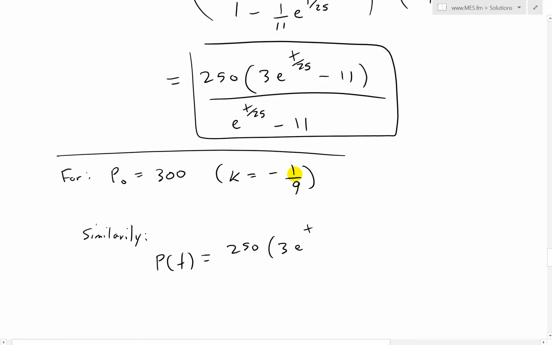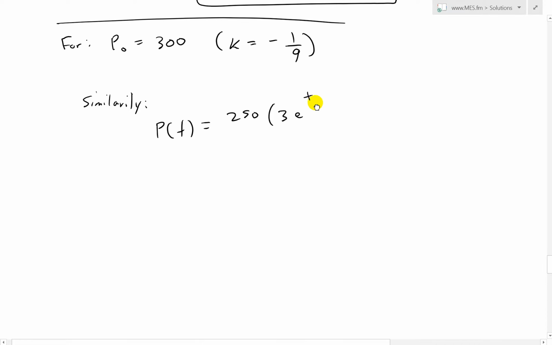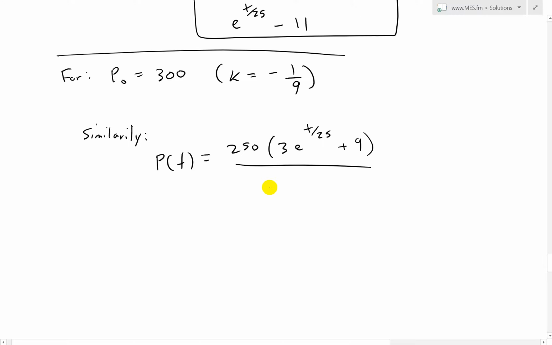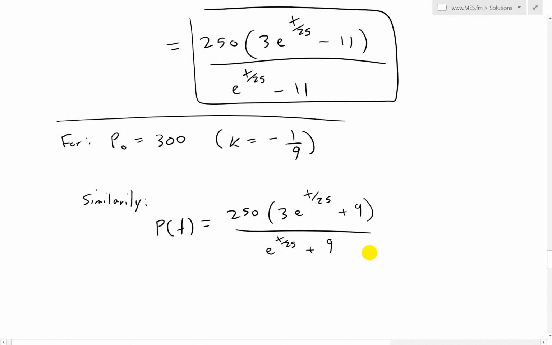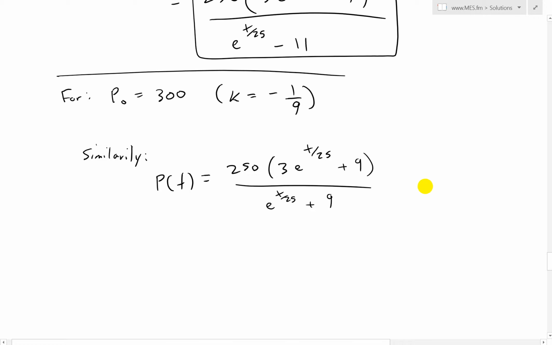So this is t over 25, and now instead of negative 11, it's a plus 9, like that, over e^(t/25) plus 9. So we just simplify that further, just to save space. The only difference was that this negative 11 becomes positive 9.